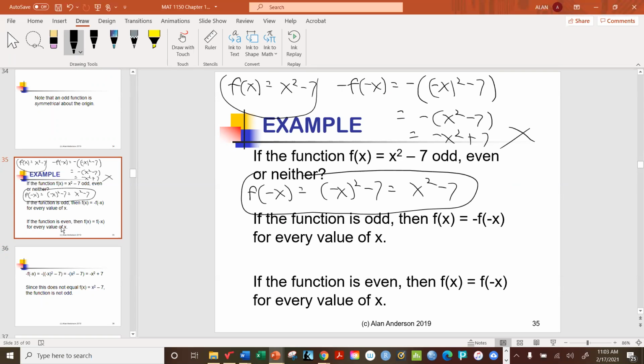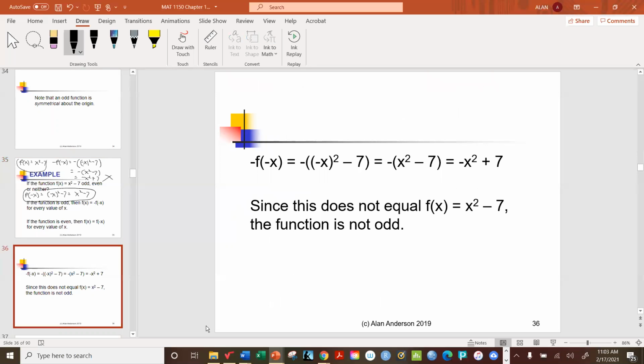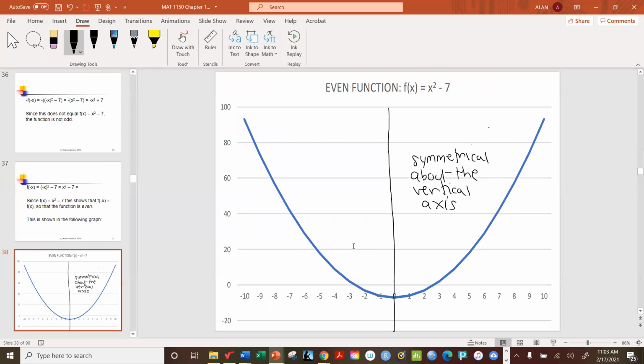So this proves that this function is even, because f of x and f of negative x are the same thing. All right. And then we've already seen from the graph that this implies that it will be symmetrical about the vertical, or y-axis.